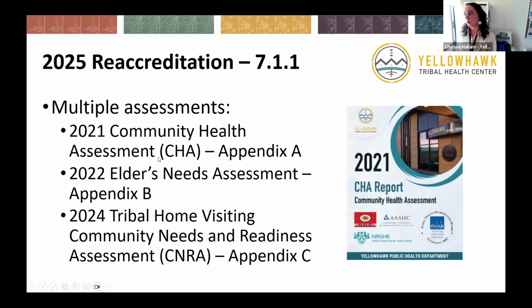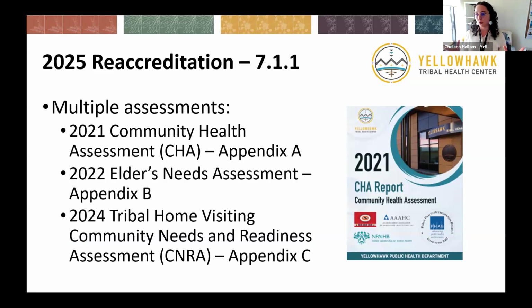Now, when we talk about Domain 7 and access to care, we're still building our body of documentation for Domain 7. But for 7.1.1, when we talk about an assessment on access to care, we have combined multiple assessments to address this measure. We have our 2021 community health assessment where we did ask some questions in regards to access to care.